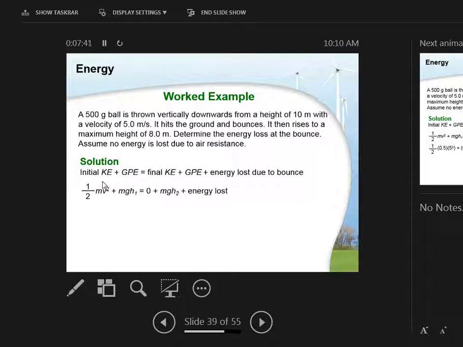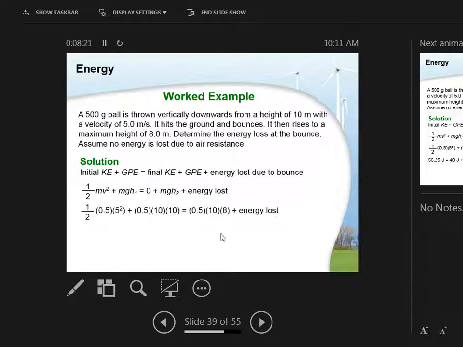Initial KE, so half mv squared, where m is the mass of the ball, v will be the initial velocity, plus mgh, where h is the initial height of 10 meters. When it reaches the maximum height already, final kinetic energy will be 0 because momentarily it is at rest at the highest point. So kinetic energy is 0 plus mgh2, h2 is the new height, which is 8 meters, plus your energy lost.